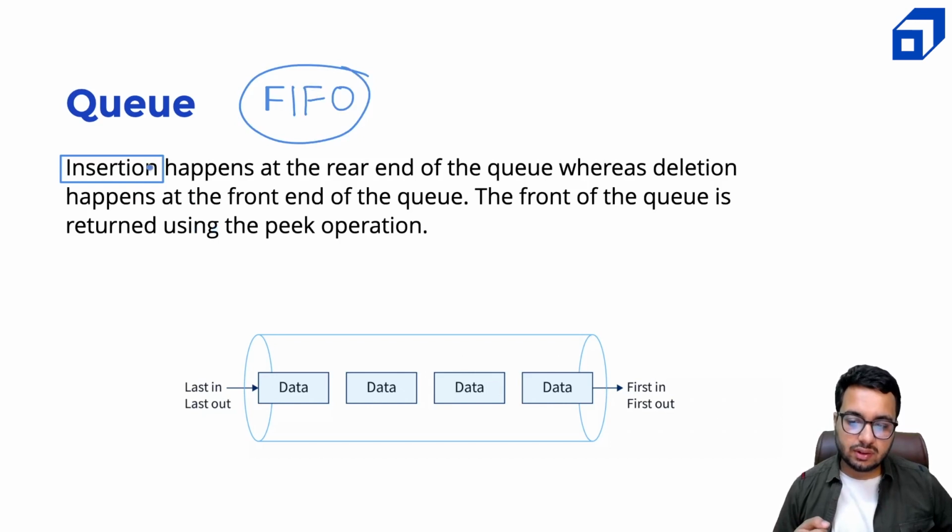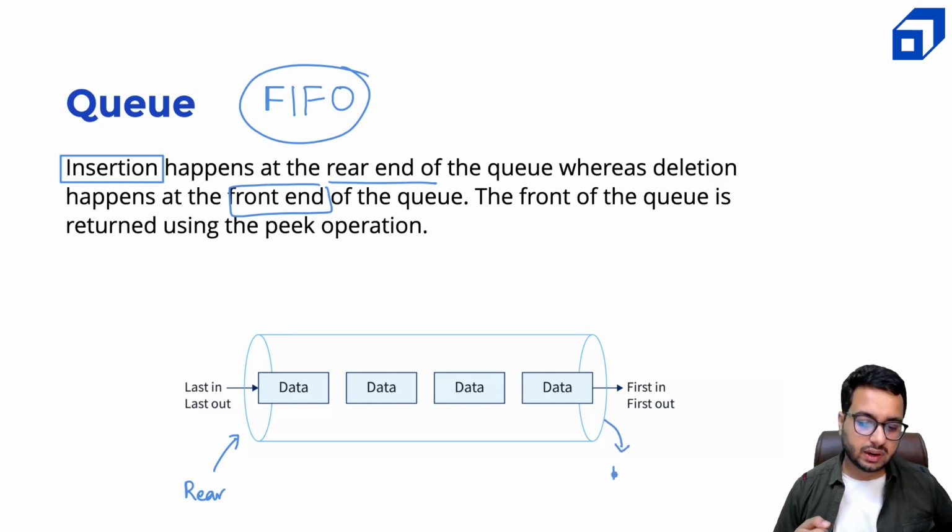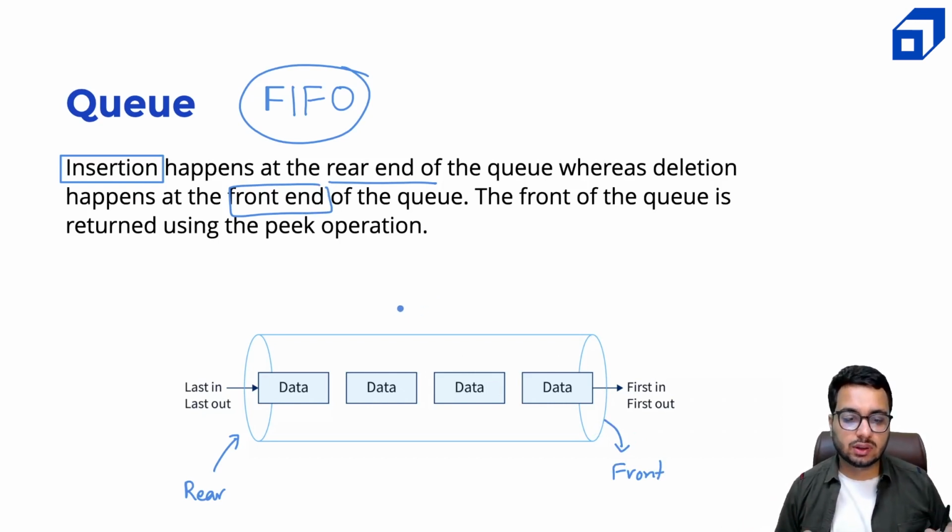So in a FIFO queue, insertion happens at the rear end of the queue, let's say this is your rear end, whereas deletion happens at the front end of the queue, so this is your front side. You cannot say, I want to remove something from the middle of the queue. That is not possible. Only the data which is at the front of the queue will be removed.